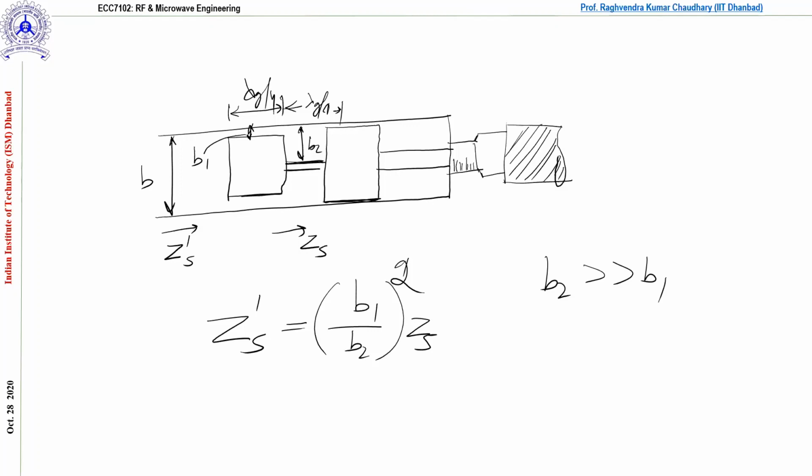B2 means this value, and this value is greater. You may guess about 10 times B1, so 1 by 10 squared means 1 by 100.